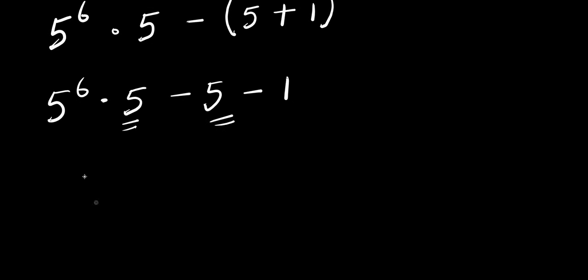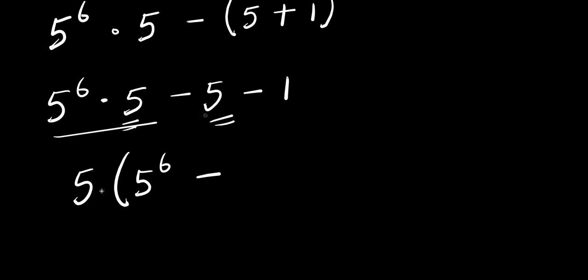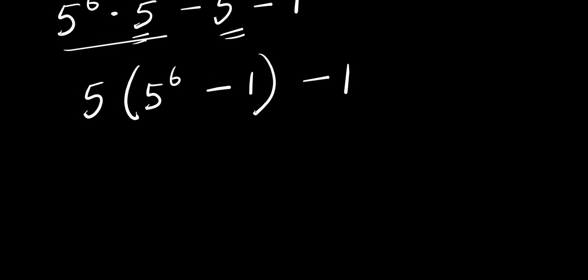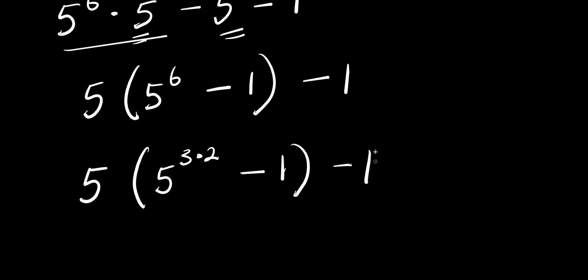I will simply have 5 times 5 power 6, because we divide this by 5, minus 5 divided by 5, I have 1. And this other minus 1 is outside the bracket. So from here, I can have 5 times 5 power 3 times 2 minus 1 minus 1.